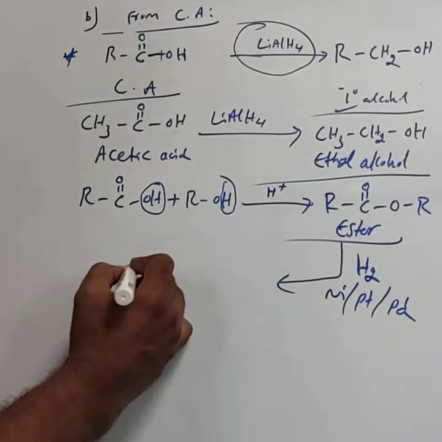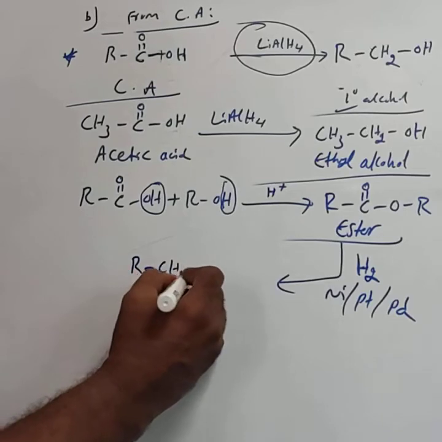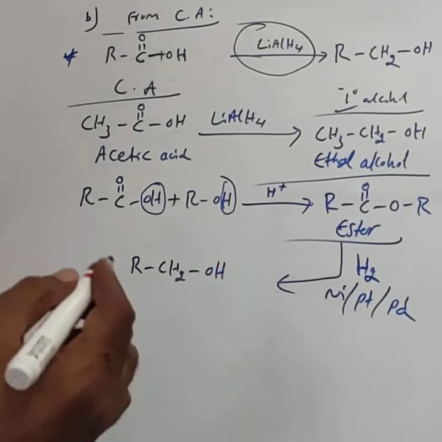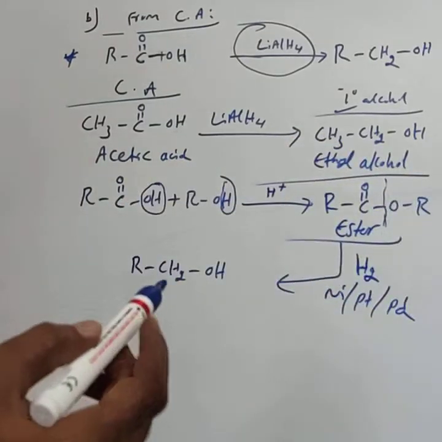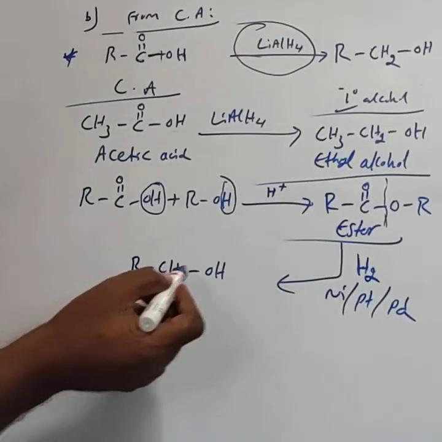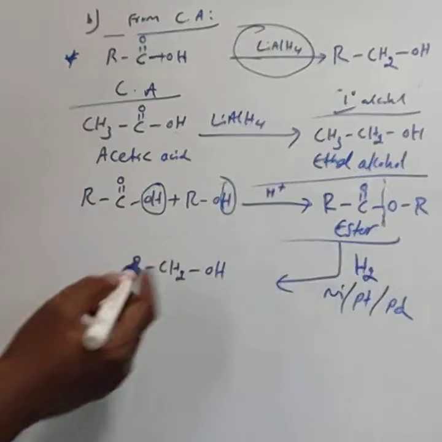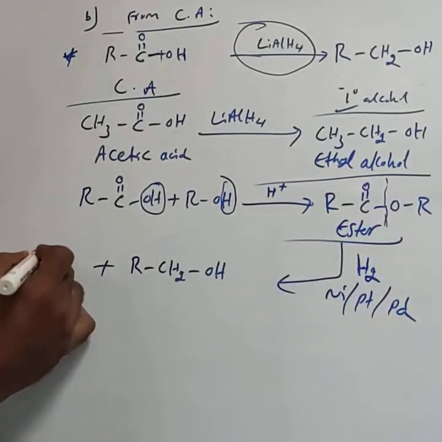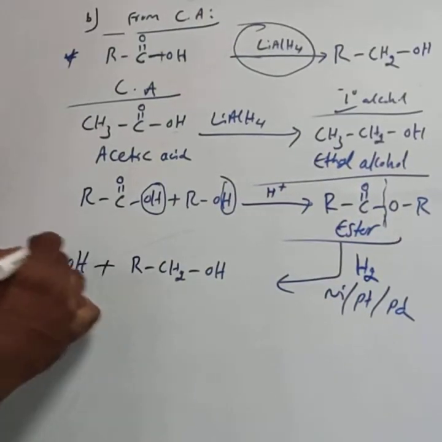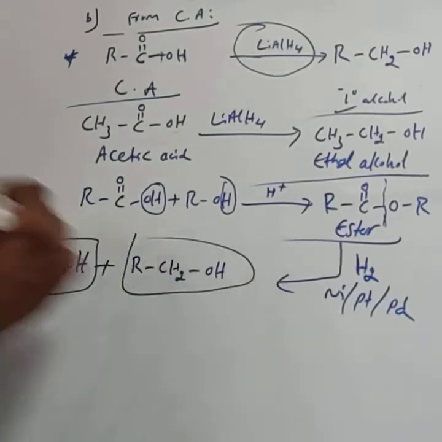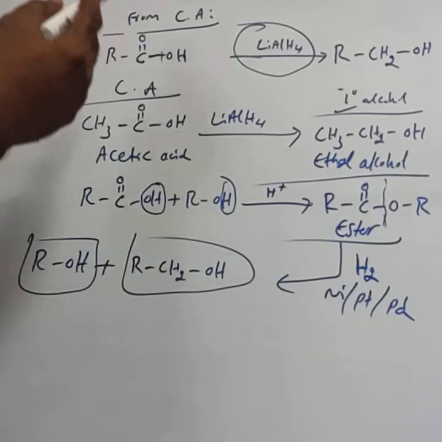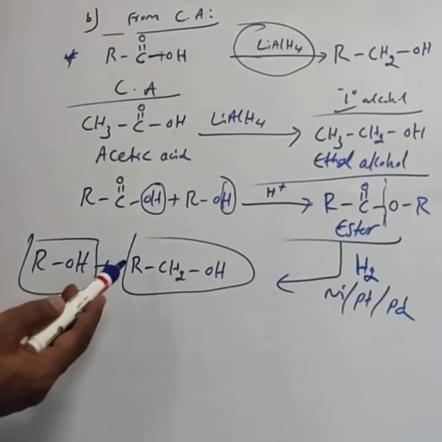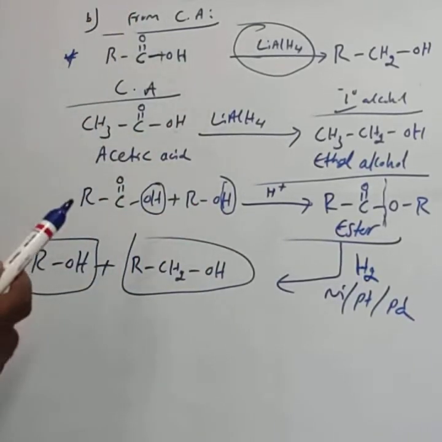One alcohol is RCH2OH. Bond cleavage takes place, giving RCH2OH from this part, and from the RO part we again get ROH, a mixture of alcohols. This is about the preparation of alcohol from carboxylic acids and esters.